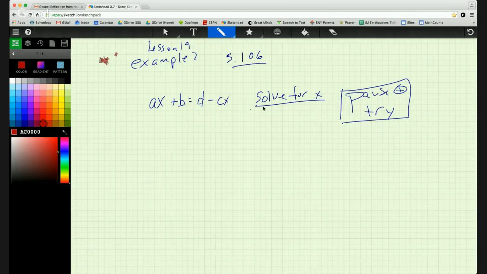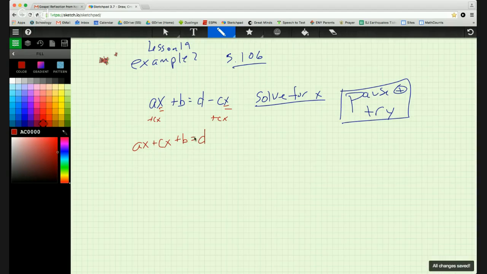Okay, so I'm assuming you're back. So the whole idea is we're going to solve for x. So if we're going to factor that, we need to get all the x's onto the same side. So we get ax plus cx plus b equals d.